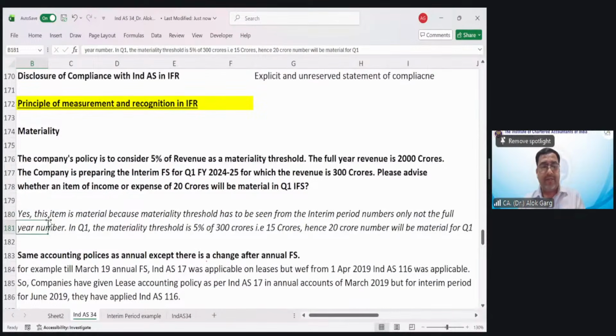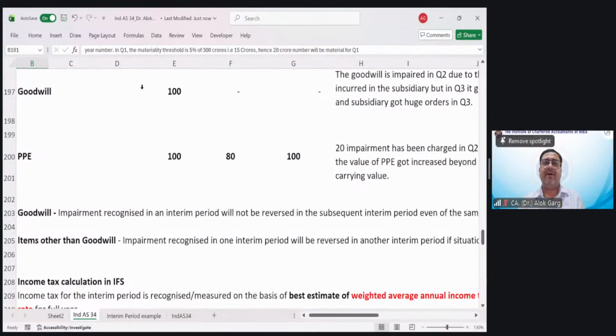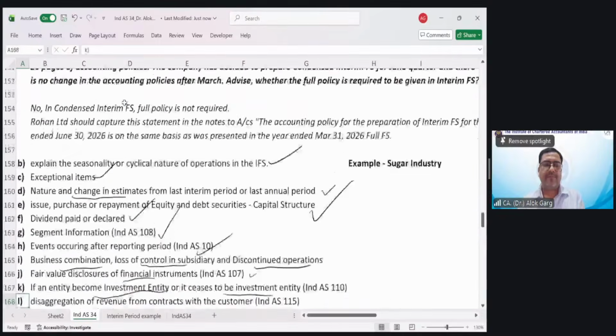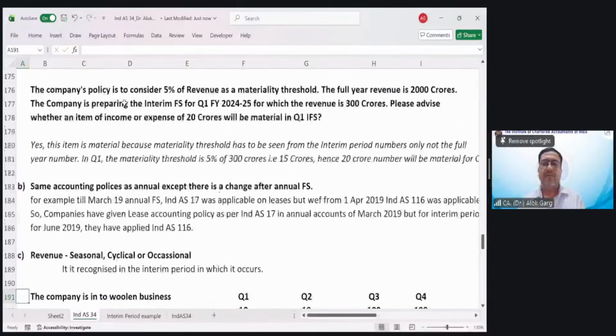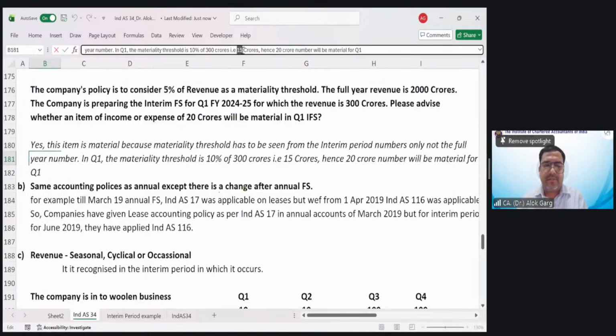In Q1, the materiality threshold is how much? 10%, which is 30 crore.